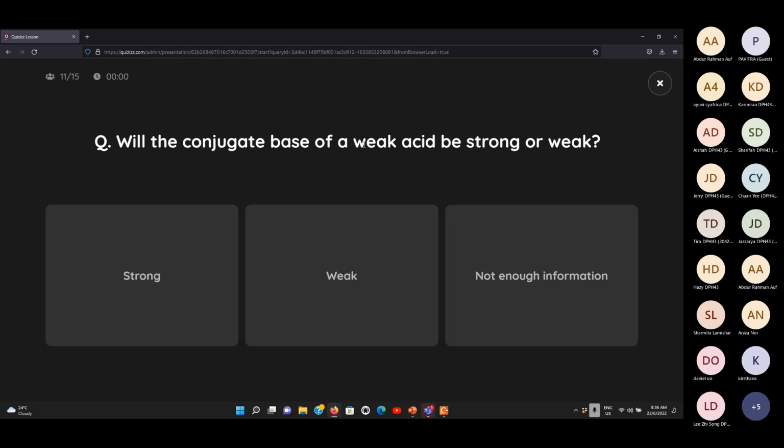It will be the opposite of its before it reacted lah. So kalau acid tu strong acid, dia akan menghasilkan a weak conjugate base. Kalau dia adalah a weak acid, dia akan menghasilkan a strong conjugate base. Okay, terbalik kan sahaja dia punya strength. Alright.